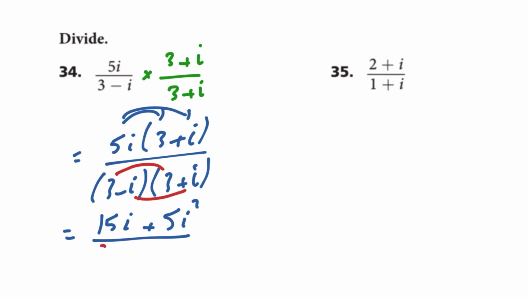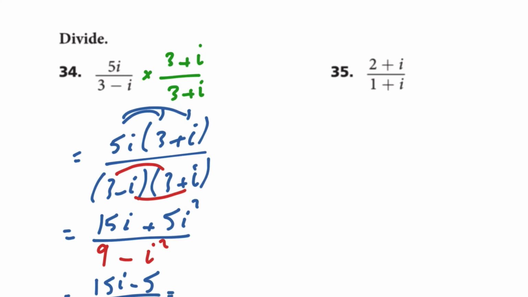So 3 times 3 is 9, minus i times plus i is minus i square. Converting i square into -1, it will be 15i minus 5i square, which is minus 5, because i square is -1, and down we have 9 plus 1.